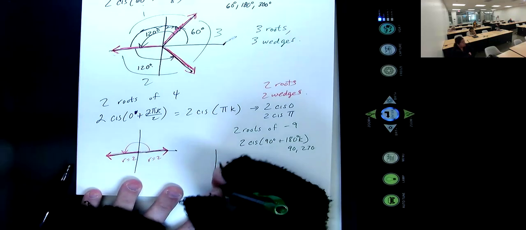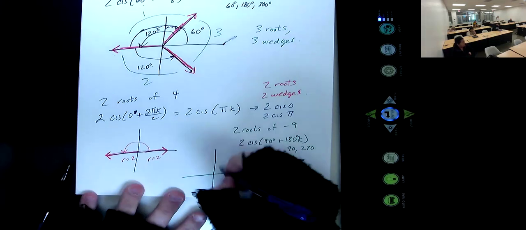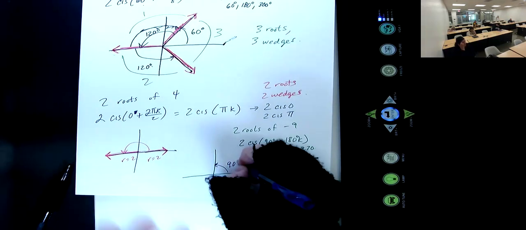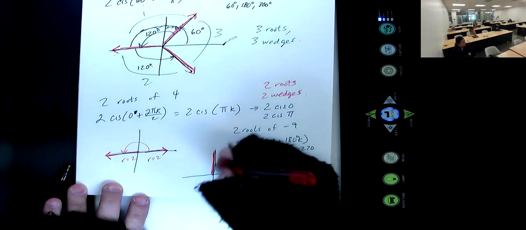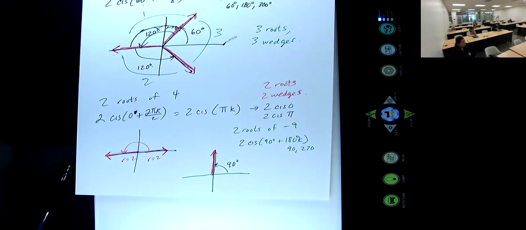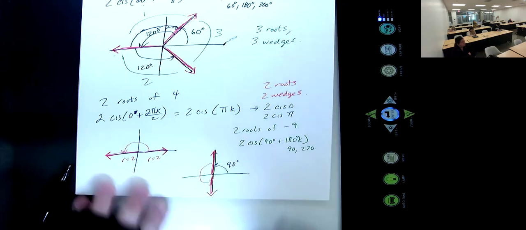But graphically, if we just go straight to the 90 degrees, our first one, I put my wedge, my first slice here. I need to break this up into 2, there's 2 roots, 2 wedges, half a pi each. I make the other half a pi here.